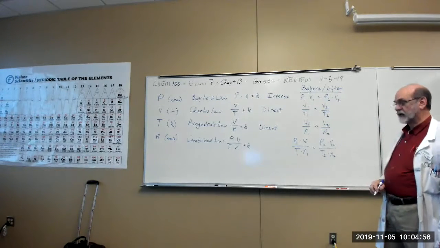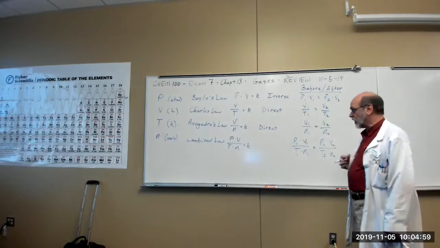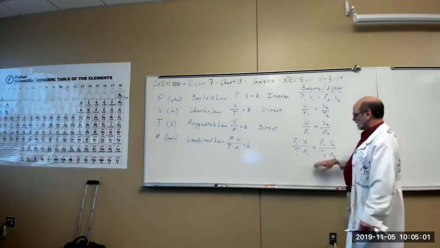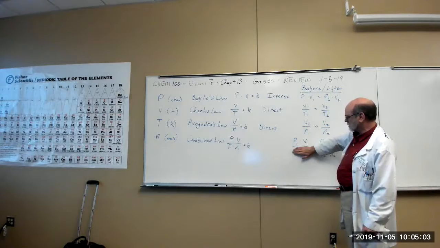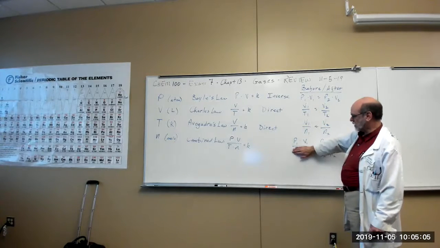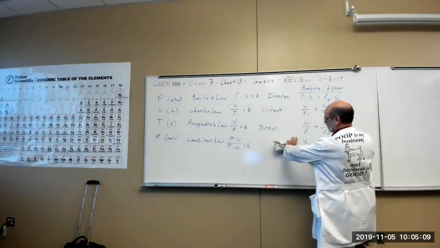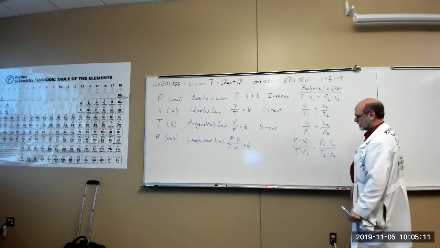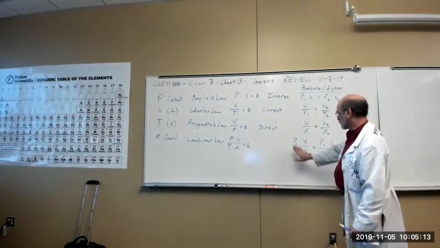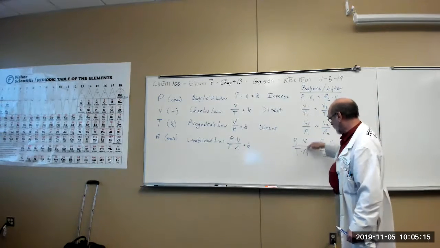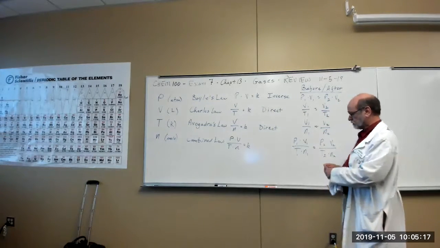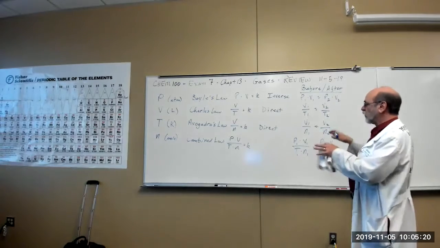Okay? Notice one thing about the combined law. If you hold temperature and moles constant, you get Boyle's law. If you hold pressure and moles constant, you get Charles' law. And if you hold pressure and temperature constant, you get Avogadro's law. So these are the before and after conditions.